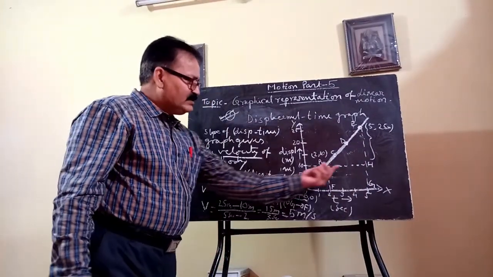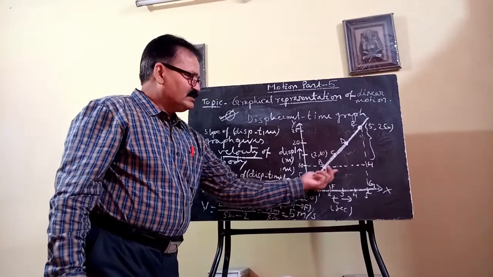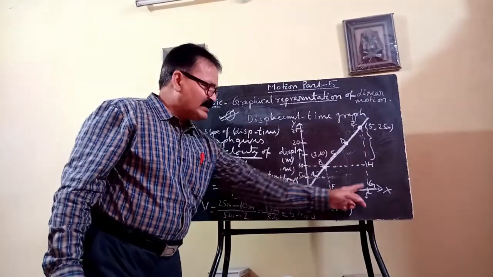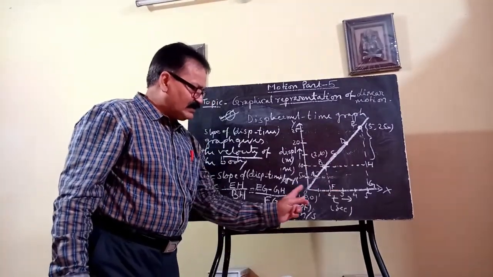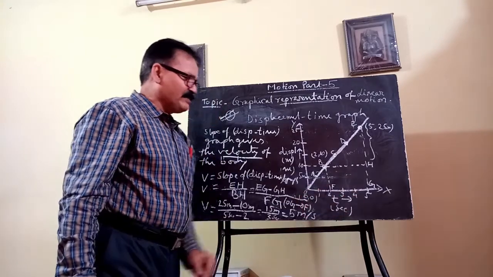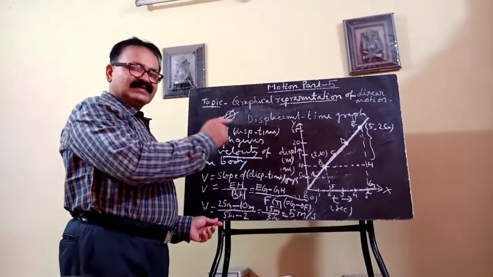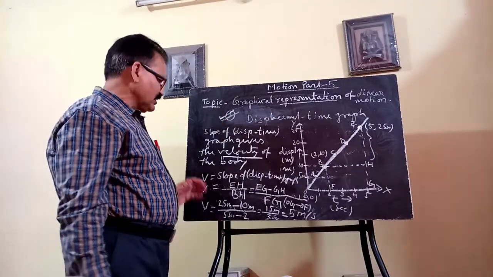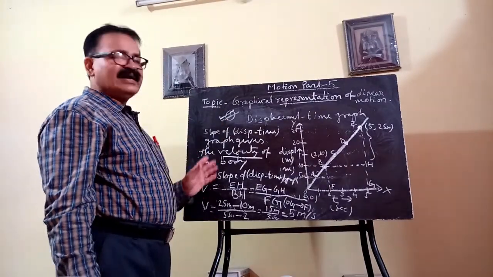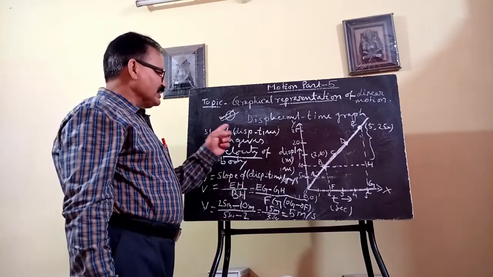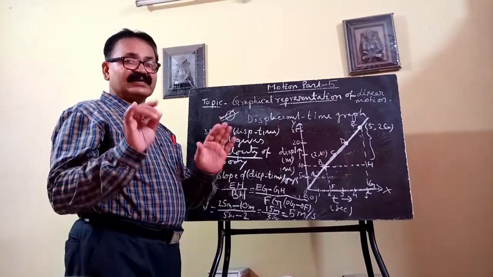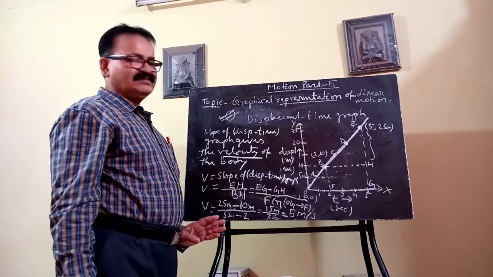The horizontal column is BH. BH can be written as your FG, and FG can be written as OG minus OF. So these differences of vertical column as well as horizontal column give the slope, and that slope in the case of a displacement time graph gives the velocity of the body.